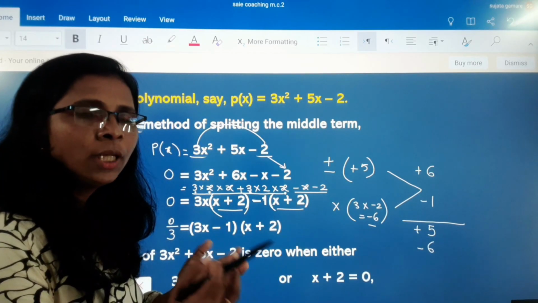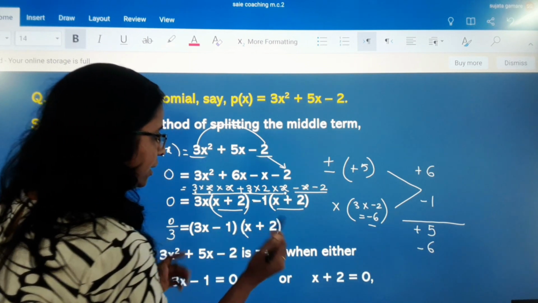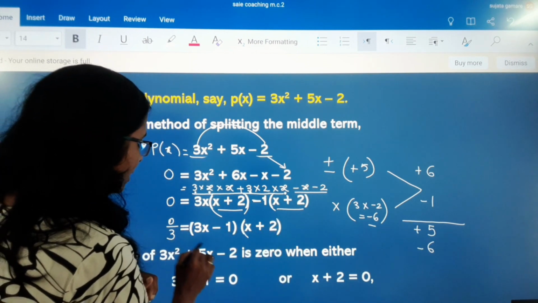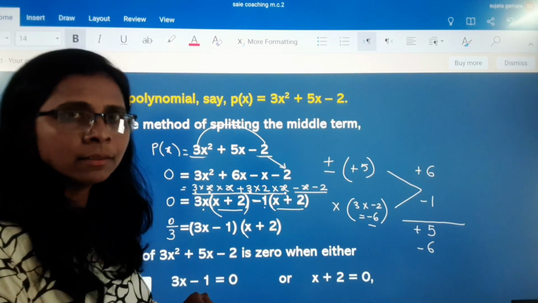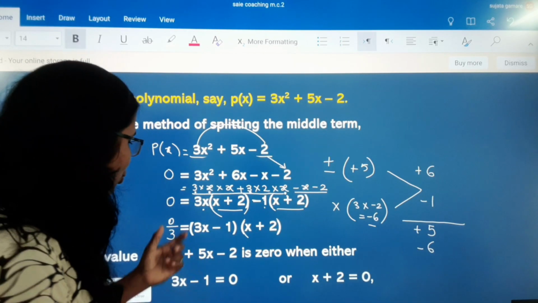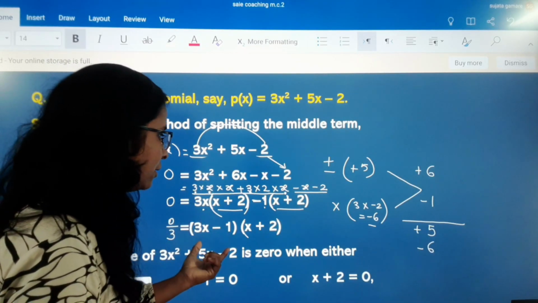For these two brackets we write only one bracket as x plus 2, and in the second bracket we write 3x minus 1, which is the remaining term. So now we get these as the factors.